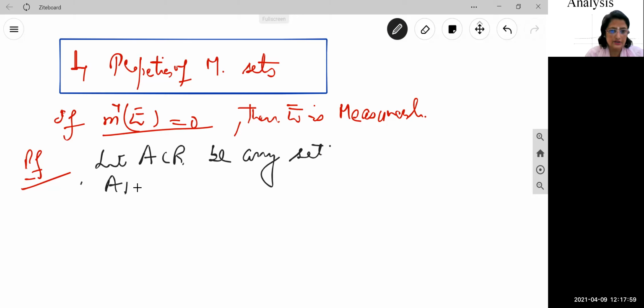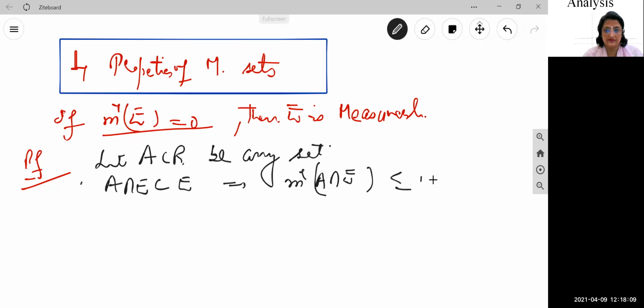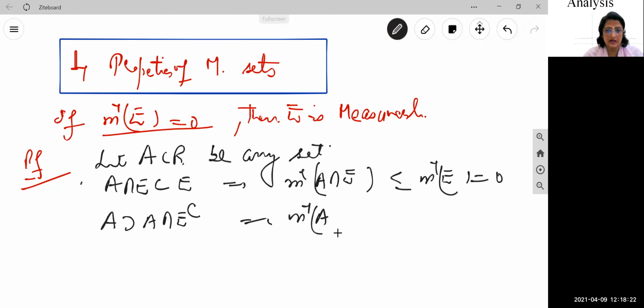Now A intersection E is always contained in E. It implies m star A intersection E is less than or equal to m star E, and that is equal to 0. ठीक है. And A is always superset of A intersection E complement. It implies m star A is greater than or equal to m star A intersection E complement.